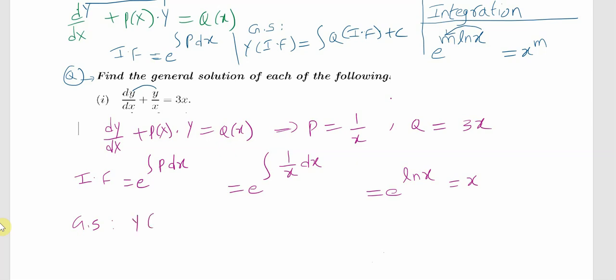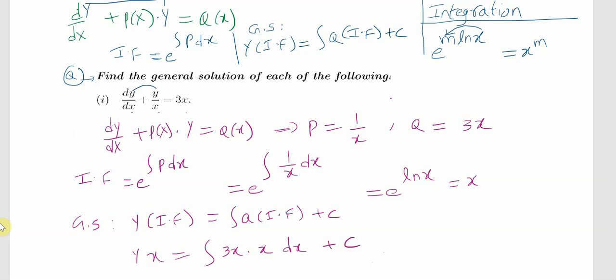So y multiplied by IF equals integral of q IF plus c. IF is x, and q is here 3x. IF we got as x. This is a function of x, so naturally dx follows because of integration.